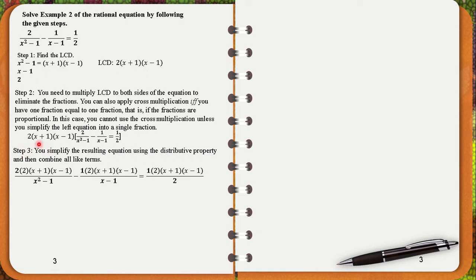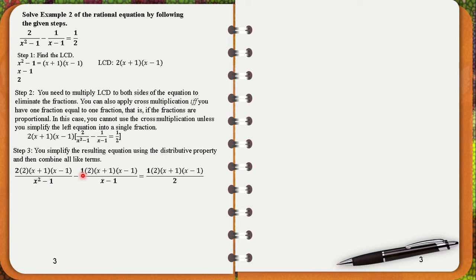Okay, so itong LCD, 2 times the quantity x plus 1, quantity x minus 1, i-multiply dun sa numerator na 2. So ito yung magiging result: 2 times 2 times x plus 1 times x minus 1 over x squared minus 1. Yan yung denominator dito. Minus, kasi minus yung nandun. Okay? So, yung LCD ulit, i-multiply dun sa numerator ng second fraction which is 1.